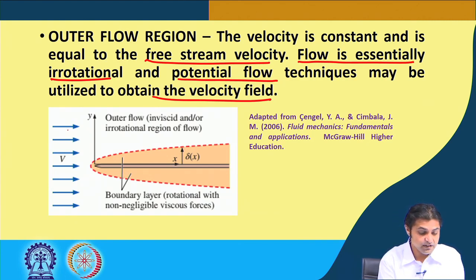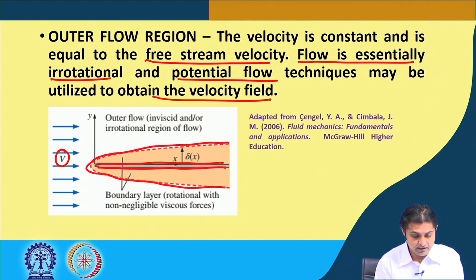Here it shows that the flow is coming with a velocity v, and there is a plate here. If the flow passes over it, this region that is enclosing the flat plate is the boundary layer as indicated here, and the flow here is rotational as we have seen, with some finite viscous forces.